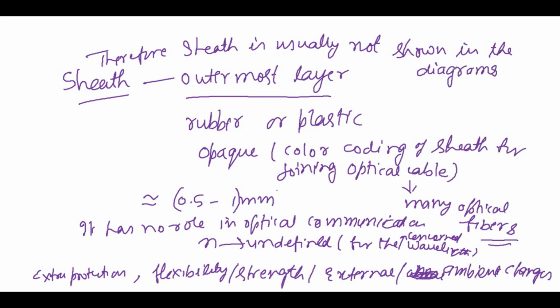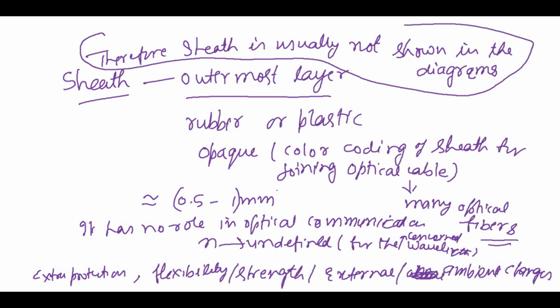Kindly remember, sheath is always there, but normally in the books or in articles, sheath is not shown due to the reason that sheath has no role to play in the optical communication. It is only used for color coding, for giving the flexibility and strength to the optical fiber.